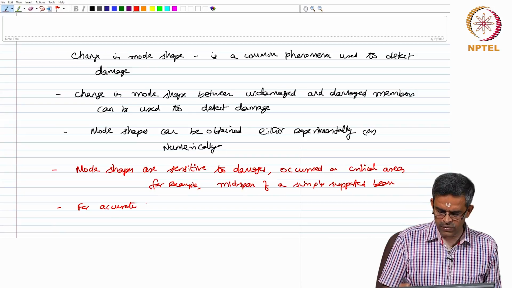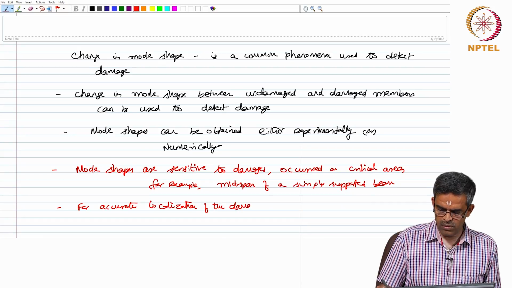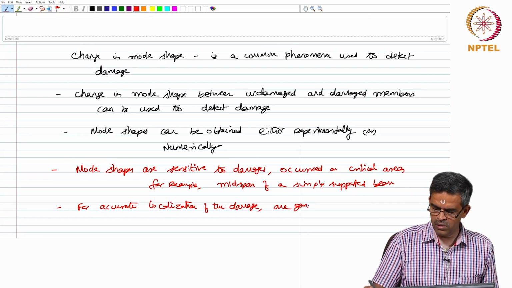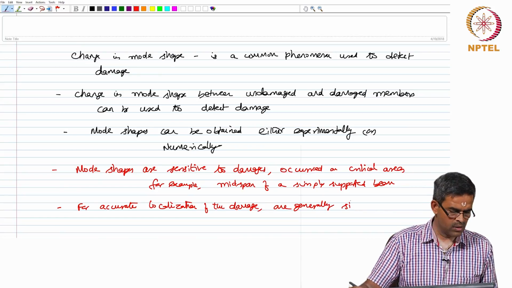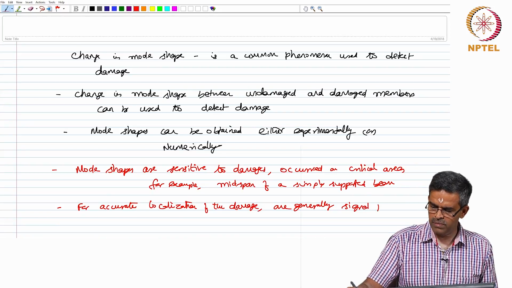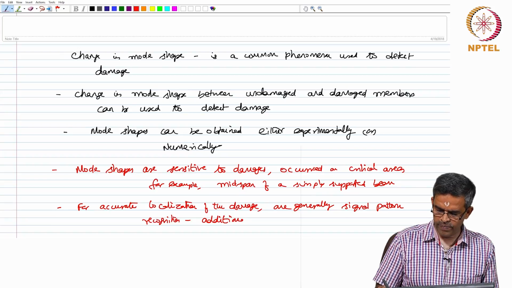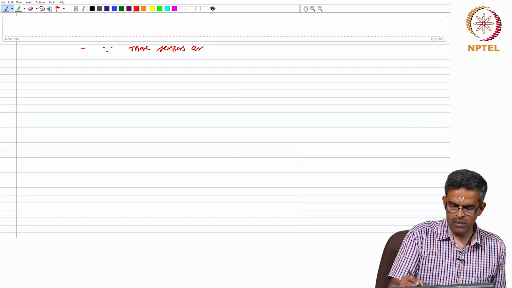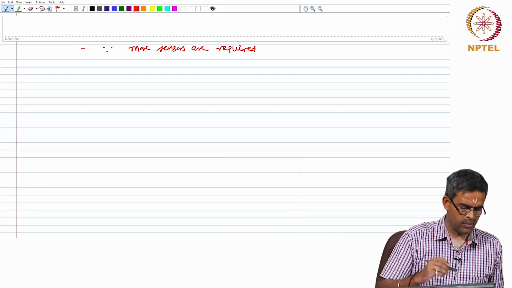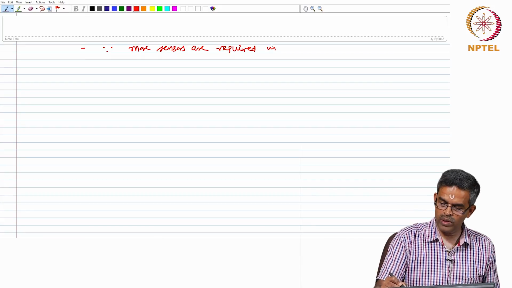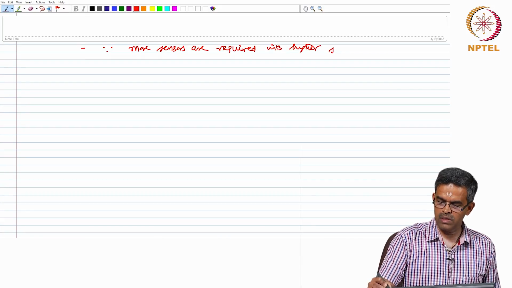Further, for accurate localization of the damage, one generally uses signal pattern recognition, which requires an additional processing since more sensors are required with higher sensitivity.